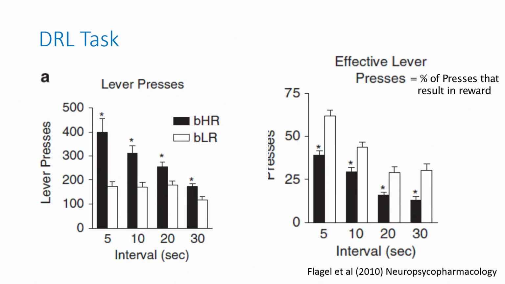Now, if you do that, clearly you can see that effective presses are extremely high for the low response group compared to the high responsive ones in all the intervals, but it is more so in the shorter intervals. In the longer intervals there is not much problem, they do have a good estimate. It is the shorter interval that is hard to control, and the HR group miserably fails.